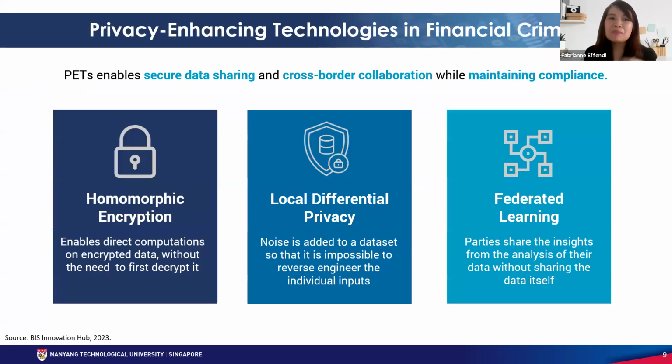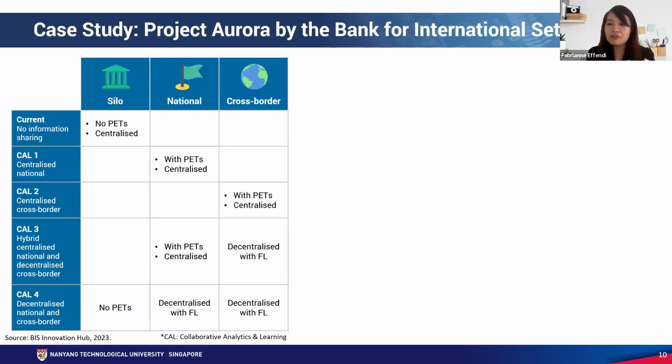This is where privacy-enhancing technologies, or PETs, can come in. PETs like homomorphic encryption, local differential privacy, and federated learning enable secure data sharing and collaboration while maintaining compliance. One notable proof of concept is Project Aurora by the Bank for International Settlements.